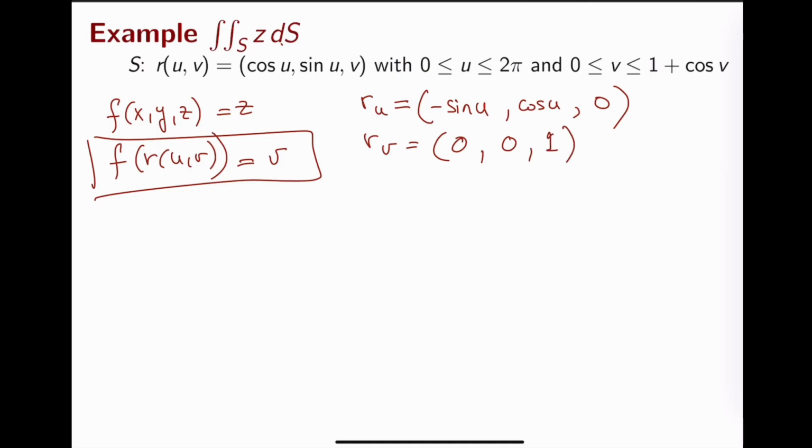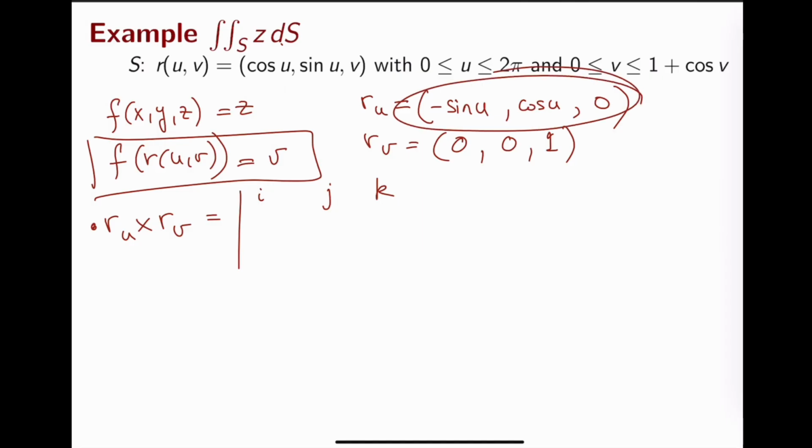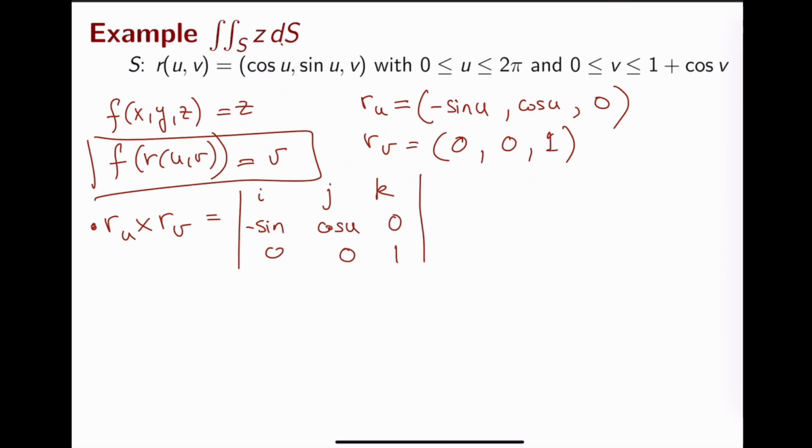So we have the two vectors that we need in order to calculate the cross product, so that we can calculate its magnitude afterwards. The cross product is calculated by writing i, j, k here, then we put this vector as the second row and this vector as the third row. Now we calculate this determinant.